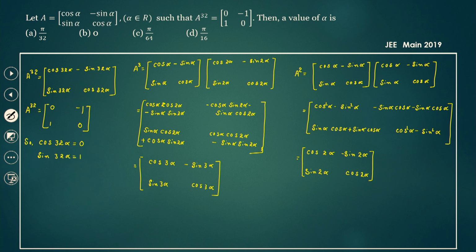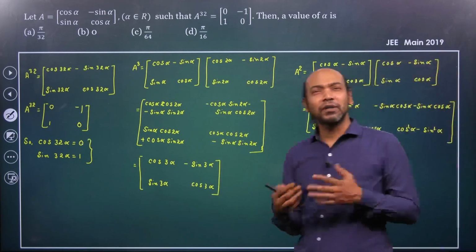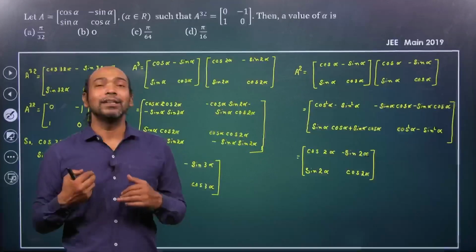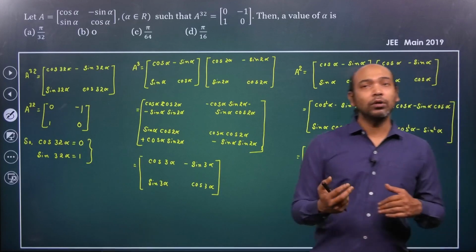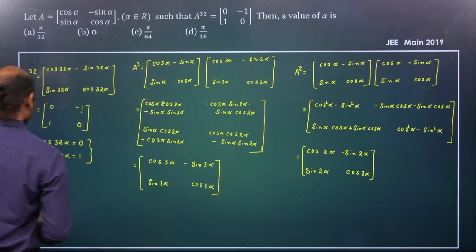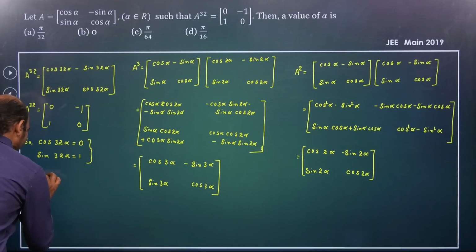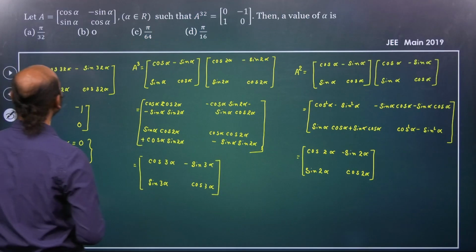We can easily say that the angle lies in the first quadrant, because here sine is positive and cos is also positive. So 32 alpha is equal to pi by 2, which implies alpha is equal to pi by 64.